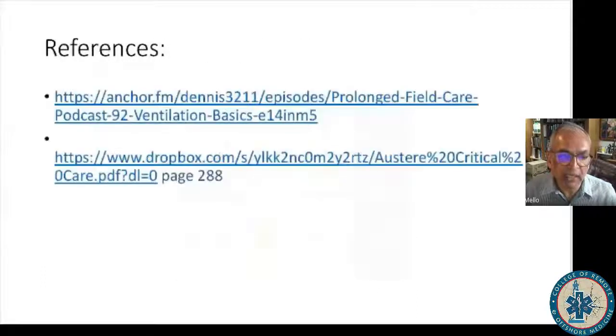And finally, I will leave you with 2 references. One from the COROM field book, and the other one, which I found very useful, is a podcast from the Prolonged Field Care website that will give you another look at the subject.